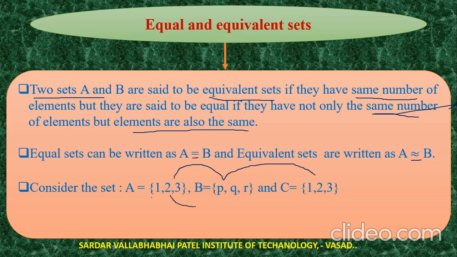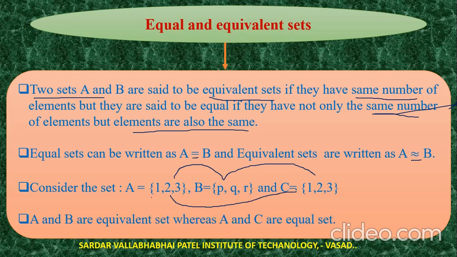But A and C have the same number of elements as well as the same elements. So A and B are equivalent sets, whereas A and C are equal sets.